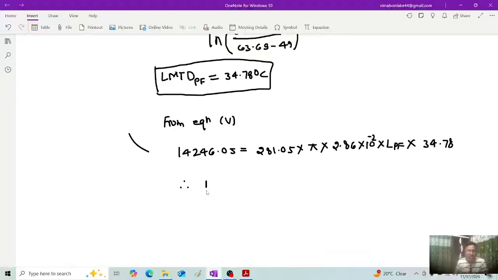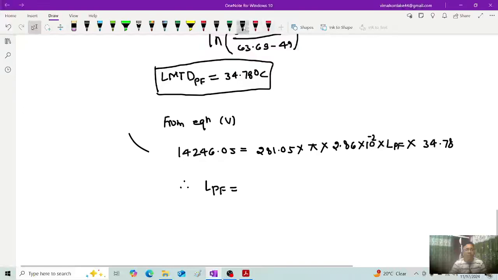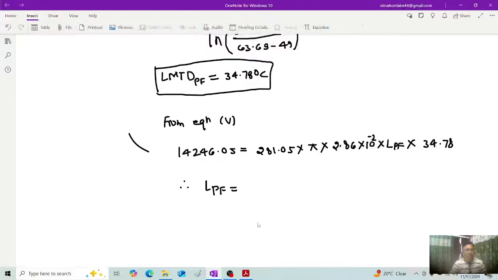So here length of parallel flow will come out as 18.16 meter, and this will be the answer.